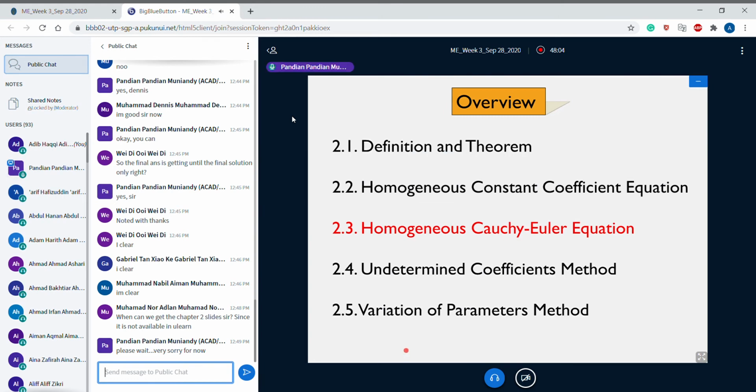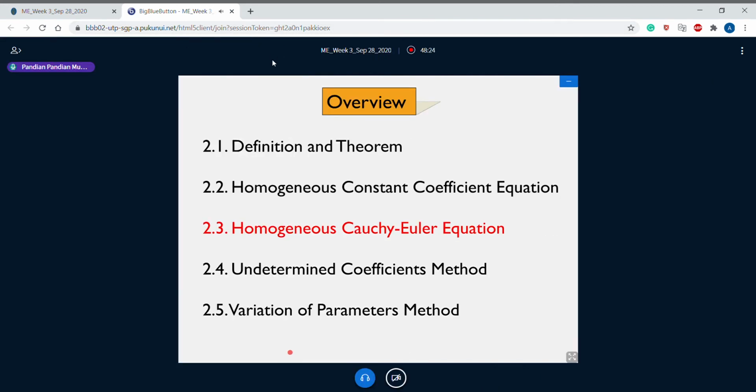So the second part for today, 2.3, you must be very careful here, because this 2.3 is the homogeneous Cauchy-Euler equation. So the word here, Cauchy-Euler, this is very important.